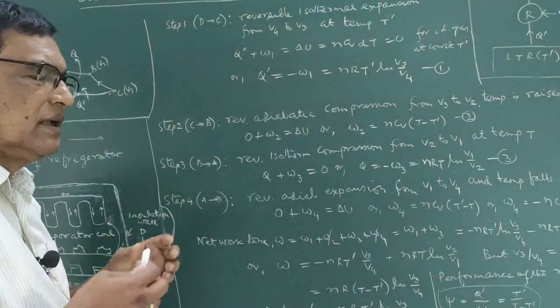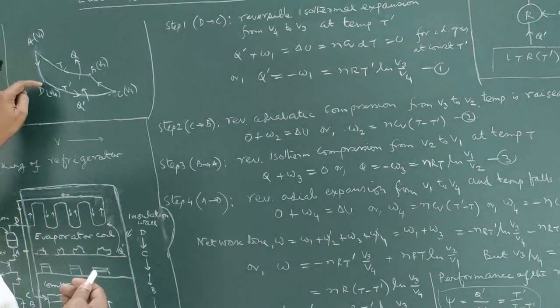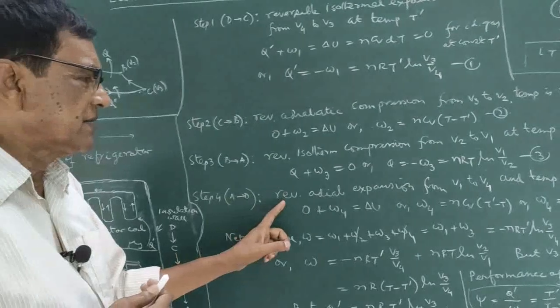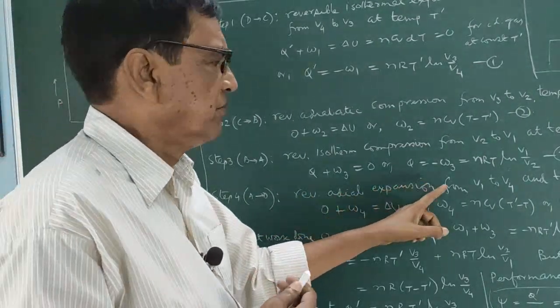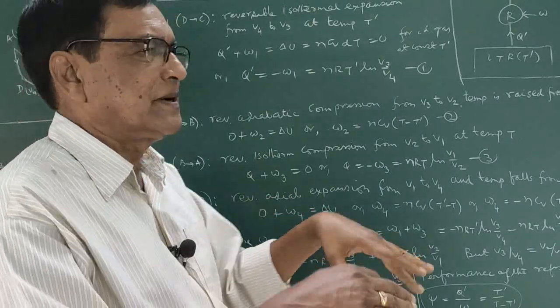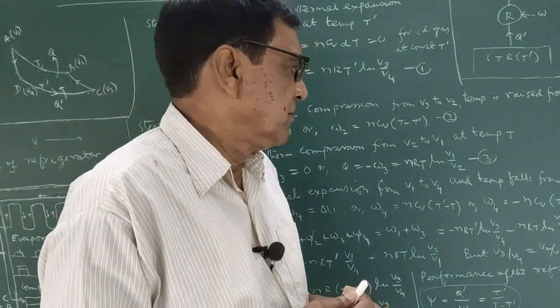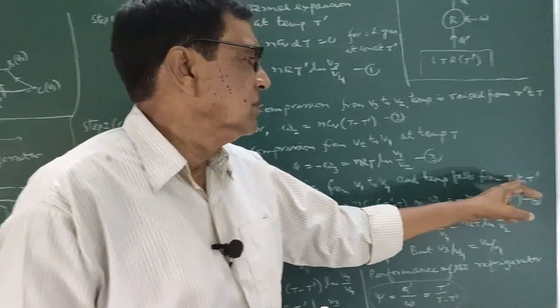Now last, we are coming to the last step, A to D. A to D, reversible adiabatic expansion from V1 to V4, and whenever the adiabatic expansion occurs, temperature falls from T to T dash.